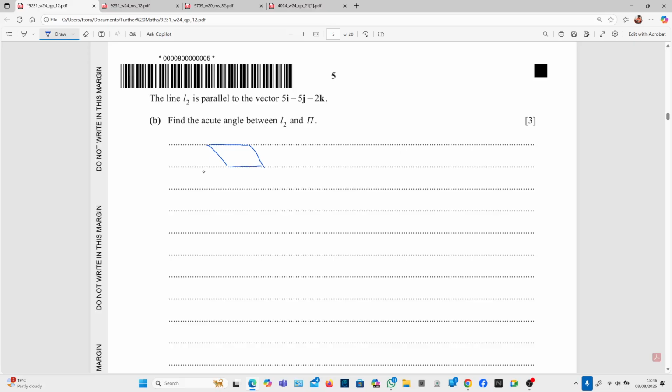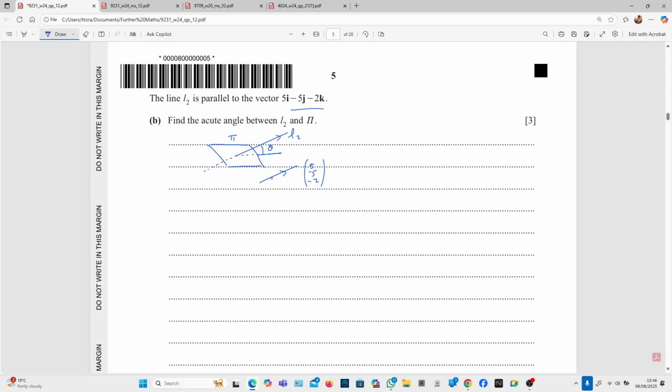Now let's suppose that this is a line, it could be this one here, and it's parallel to another line which has this vector here. So I want to find the angle between this line 2 and the plane π. Here we've got 5, -5, and -2 as the direction of that other vector.